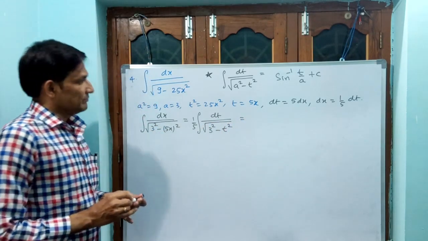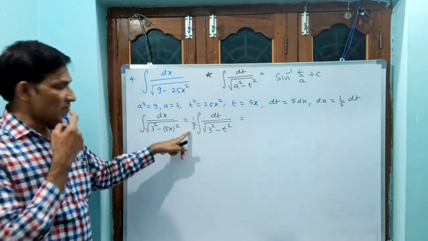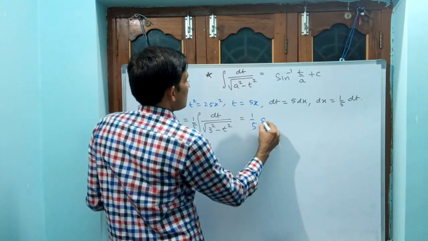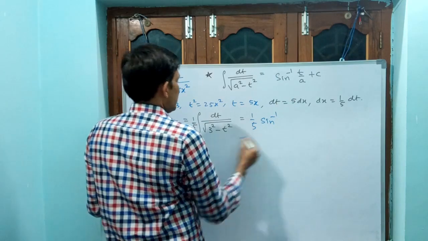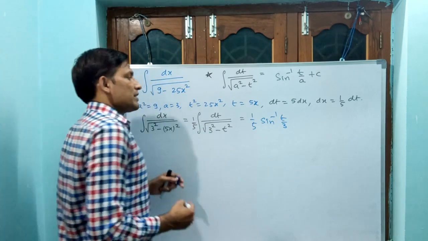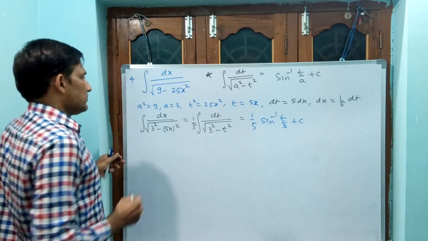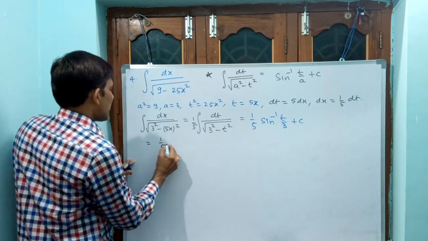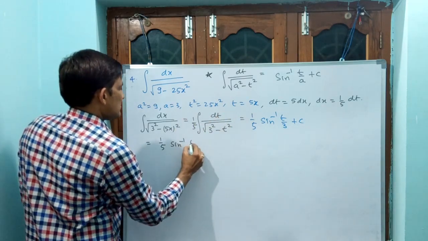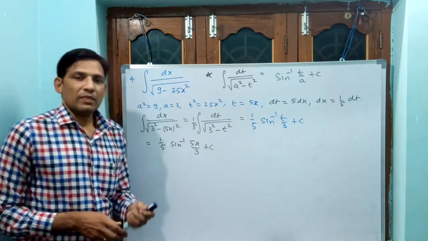That is equal to, you see, actually for this only sine inverse t by a will come, but you see here 1 by 5 already outside is there, then you keep 1 by 5 also. 1 by 5 sine inverse t by a, a is 3 here, t by 3 plus c, okay? Then you substitute t also, that is equal to 1 by 5 sine inverse of t, which means 5x, by 3 plus c. Okay?